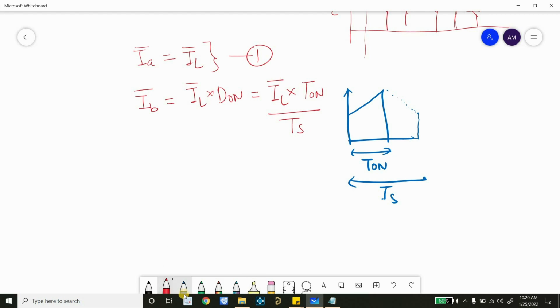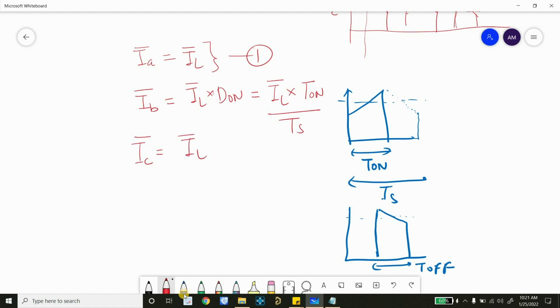Now let's talk about the off state. During the off state, we will not see anything when the inductor is charging, but we'll see the waveform of the discharge, right? So that will be T off, and this will be the average current of that. The expression for the current flow during the off state will be the inductor current multiplied by D off.